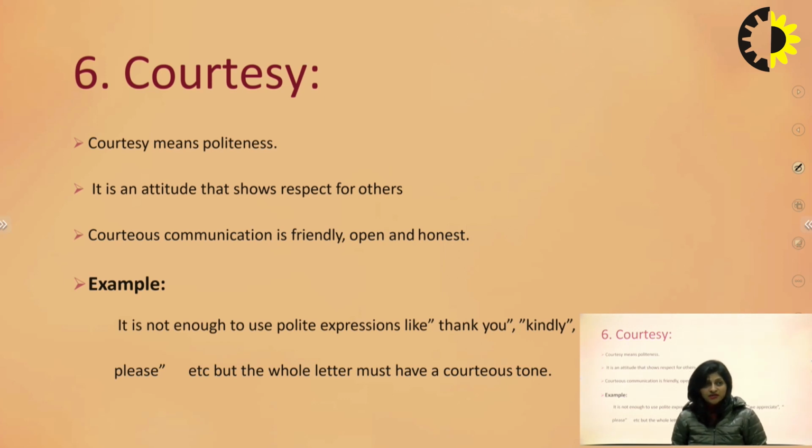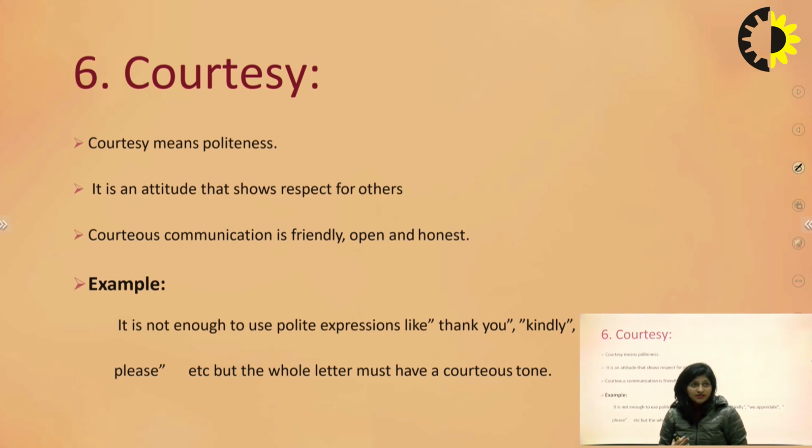Obviously by using soft and polite gestures, being thoughtful, tactful, and showing respect to the receiver. You should not use gender specific language in your message and use proper titles. Obviously you need to be friendly, honest, and open in your message. Then only you can bring positivity in your message.